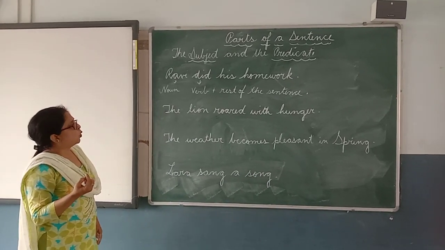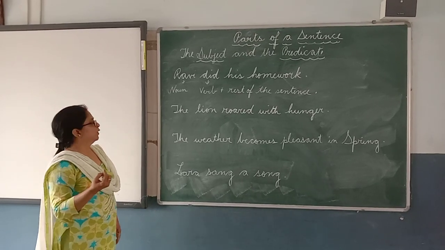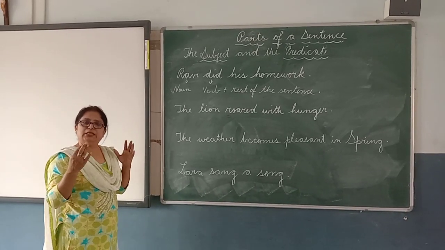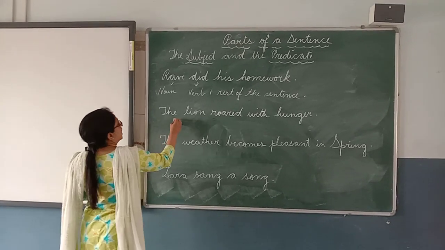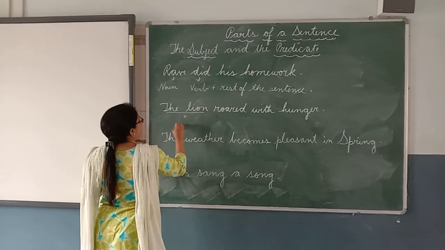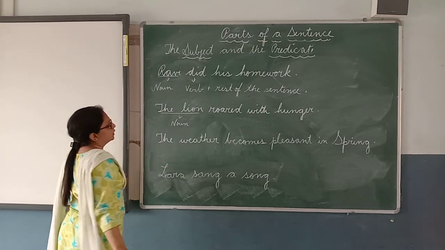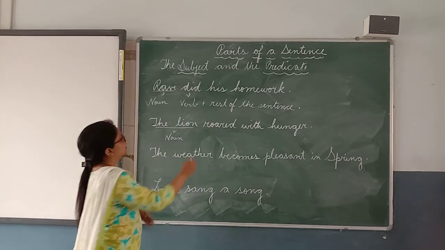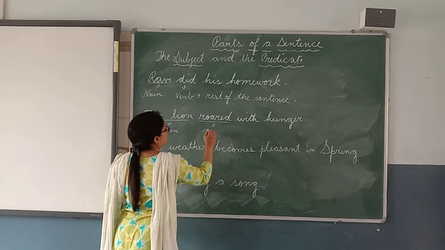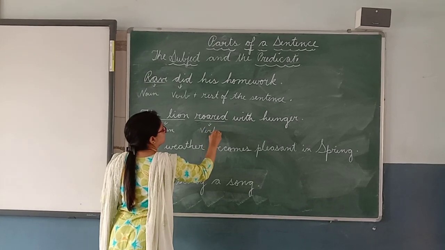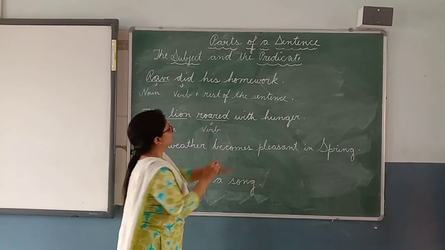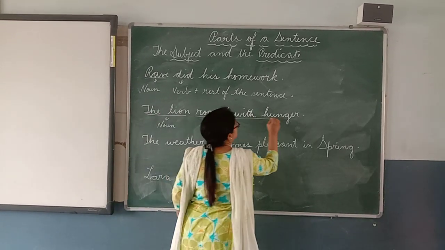Now look at the second sentence. The lion roared with hunger. Who roared with hunger? The lion. So the lion is the noun. Okay? Roared. Roared is the verb. And the rest of the sentence is with hunger.